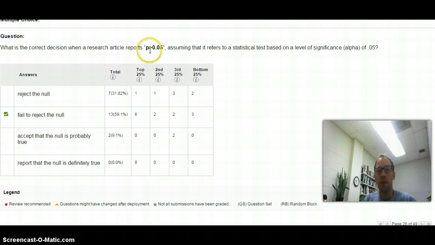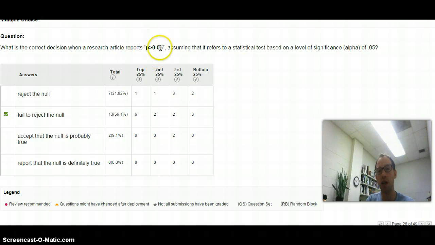Okay, p greater than 0.05. Similarly, if our level of significance is 0.05, the cutoff is 0.05, and the researcher got above that, that means go back and read the definition of the p-value. It's basically, if the null hypothesis is true, this is the percent chance that we would get results this extreme just by chance.